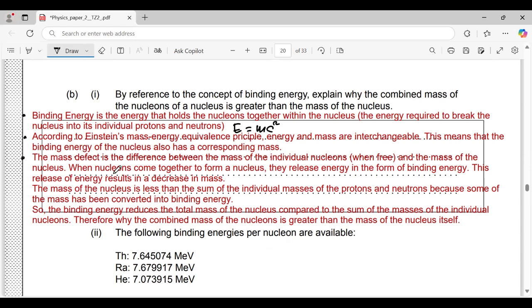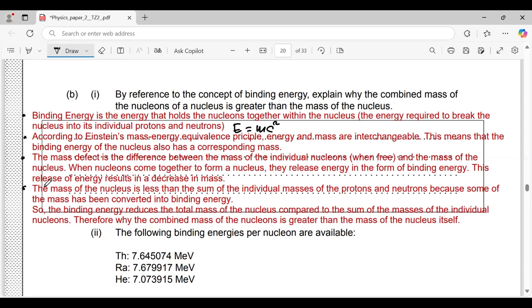The third, the mass defect is the difference between the mass of the individual nucleons when free and the mass of the nucleus. When the nucleons come together to form a nucleus, they release energy in the form of binding energy. This release of energy results in a decrease in mass.